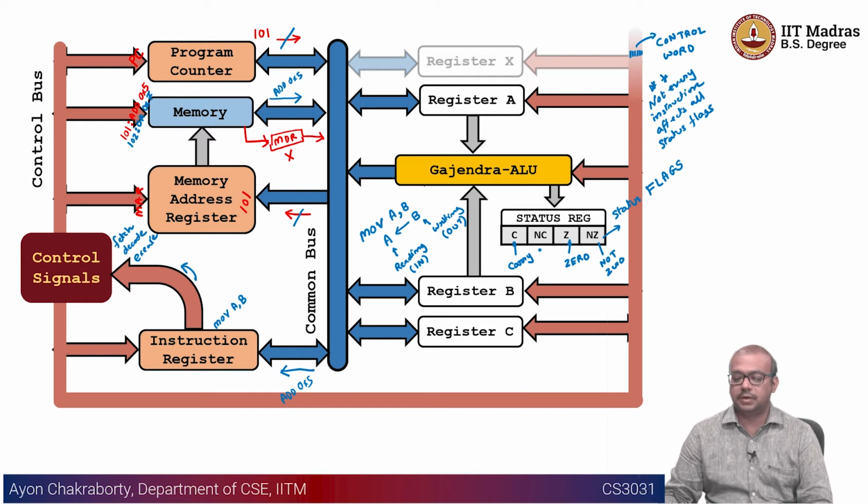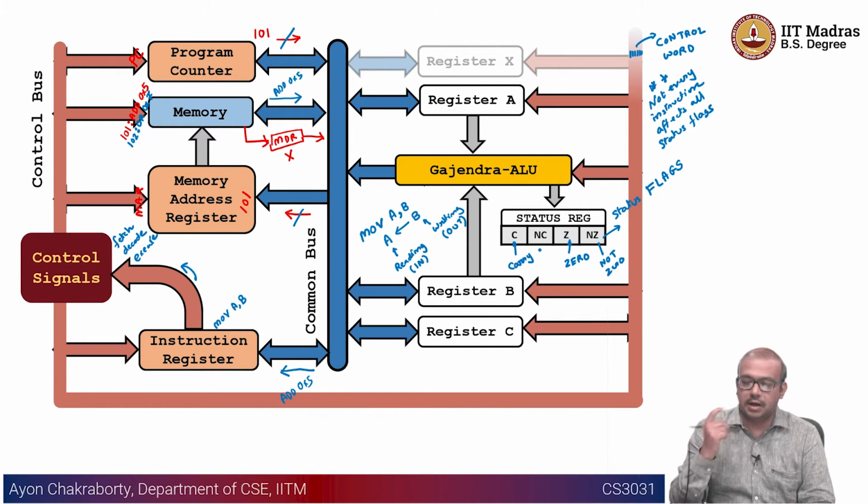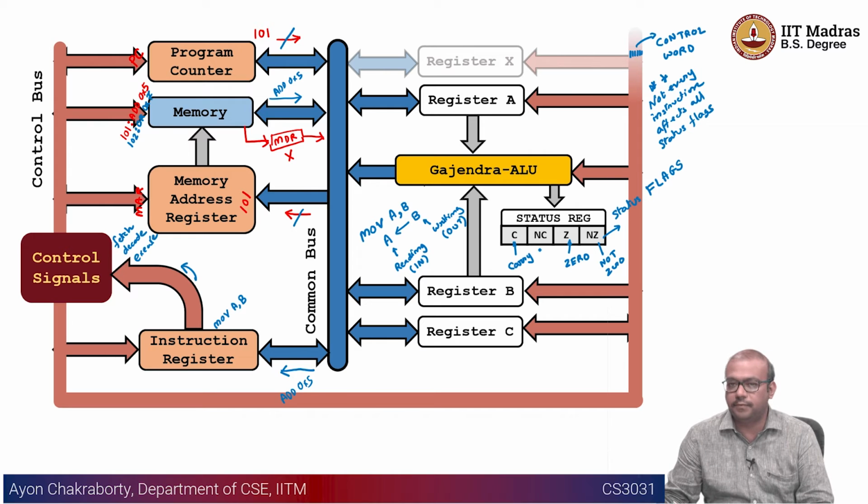Often you will see that once you add two numbers, it creates an output carry. So if you are doing a 4-bit operation and you are trying to add, let's say, 8 and 9, the answer is going to be 17. So there will be an output carry which is beyond 4 bits, because with 4 bits we can go only up to 15, 0 to F. If you want to express decimal 16 or 17, the output carry is going to be set.